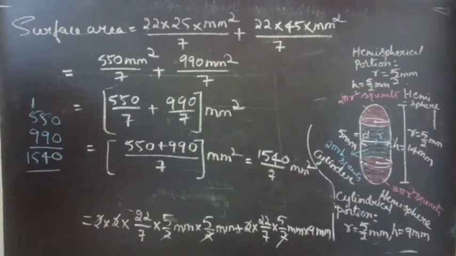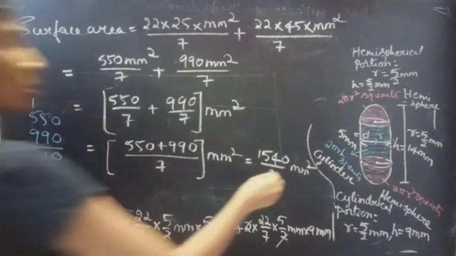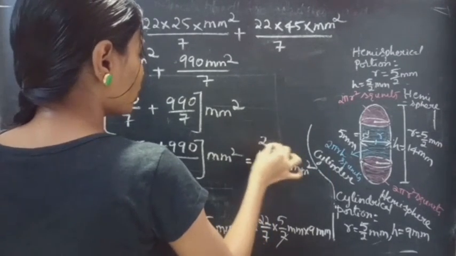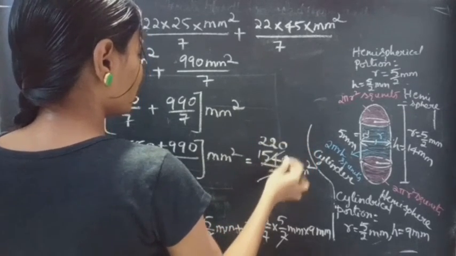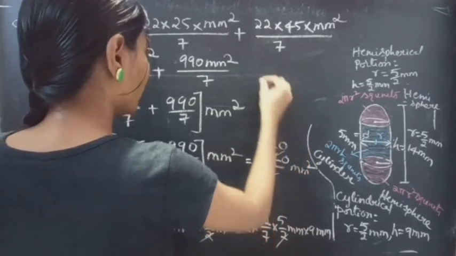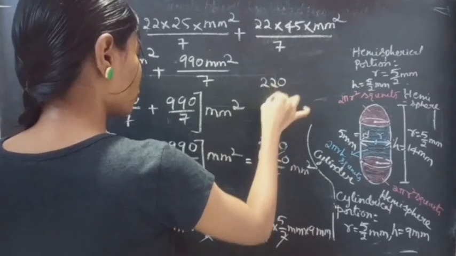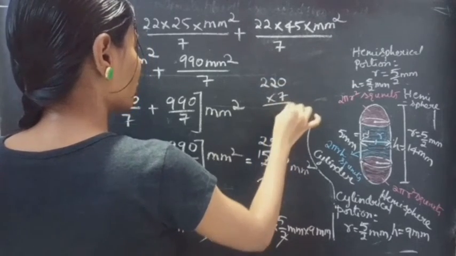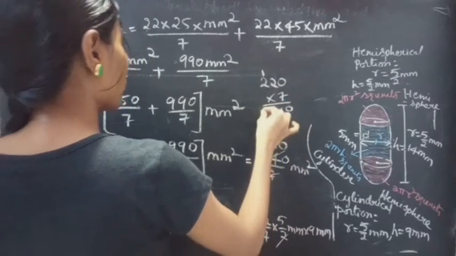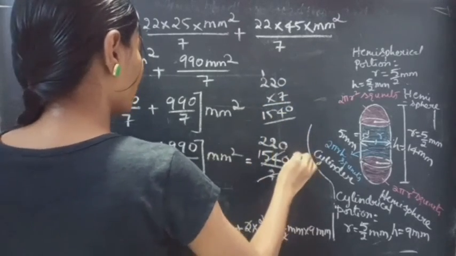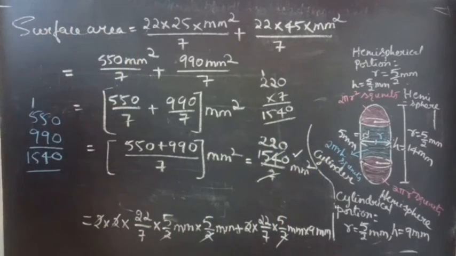Okay. 7 ones are 7, 7 twos are 14, 1 4, 7 twos are 14, 0. If you want, you can check 220 into 7: 7 twos are 14, 7 twos are 14, 14 plus 1, 15, right? So this is the answer.